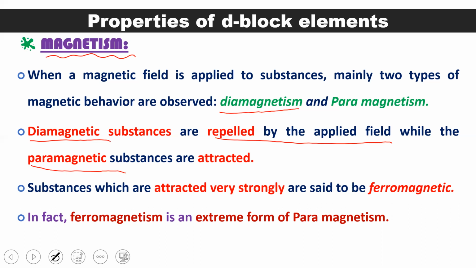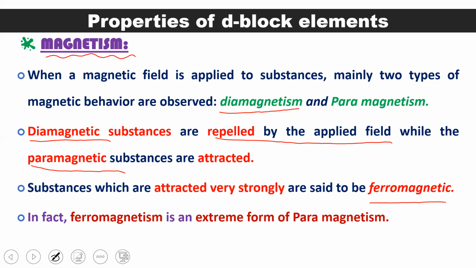And there are some more magnetic properties that we are seeing. That is ferromagnetism. What is meant by ferromagnetic? It is mostly known as the high paramagnetism property.